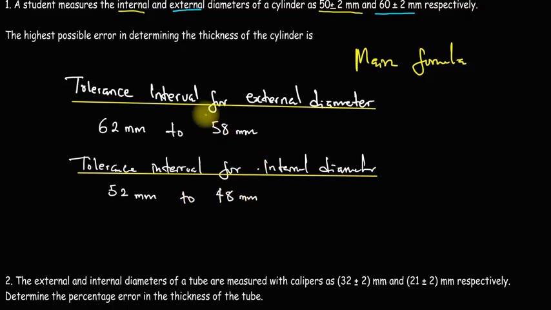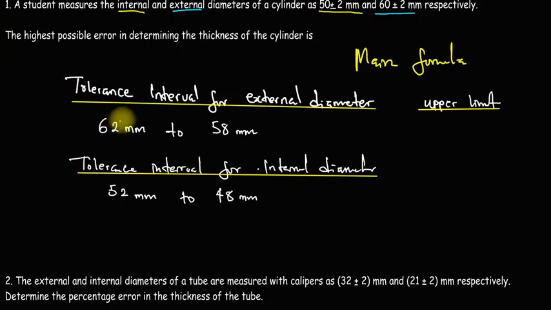Now that we have both tolerance intervals, we need to find the upper limit and the lower limit. Now, to get the upper limit, we have to subtract the smallest diameter value from the largest diameter value, and that's going to give us the upper limit.